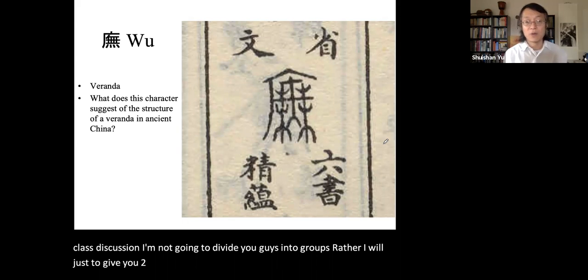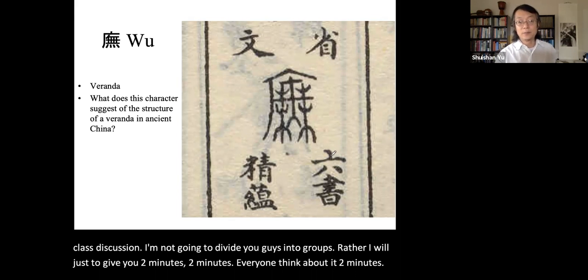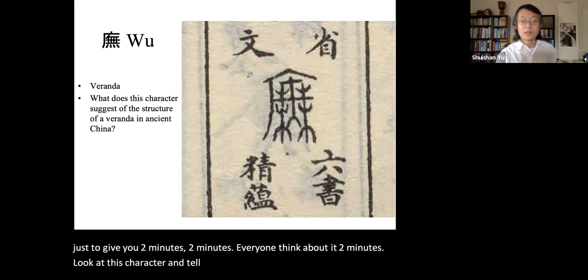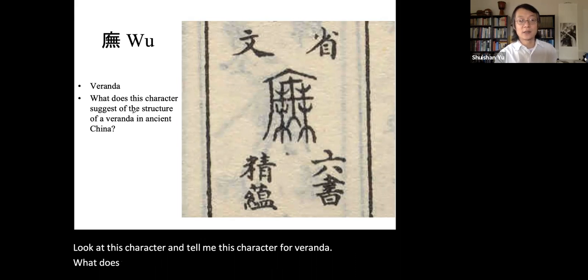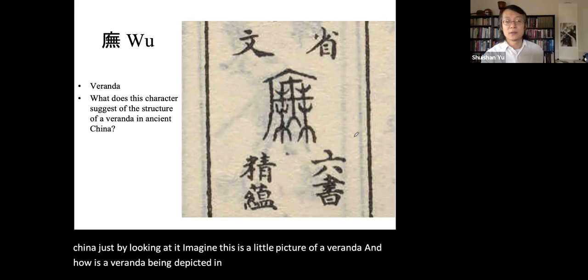Everyone think about it. Look at this character for veranda and tell me, what does it suggest about the structure of a veranda in ancient China? Just by looking at it, imagine this is a little picture of a veranda. How is a veranda depicted in this ancient script, and what does it tell us?